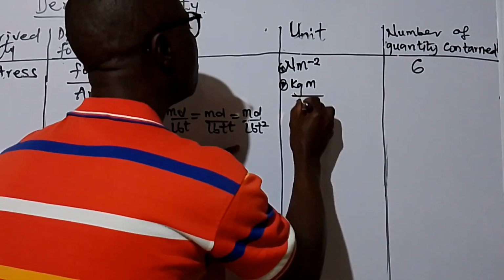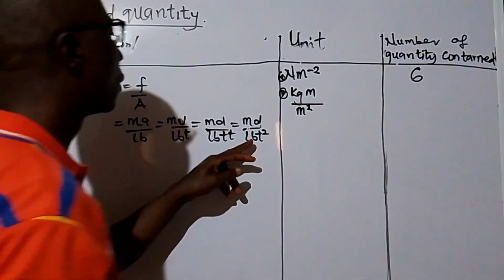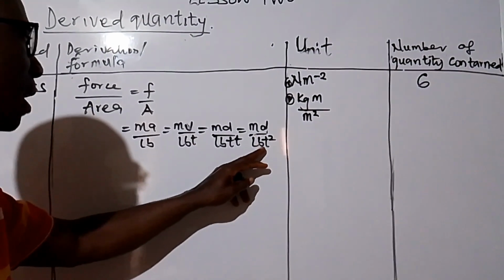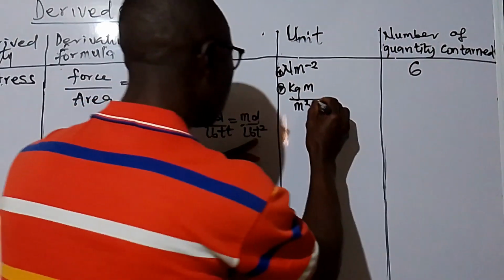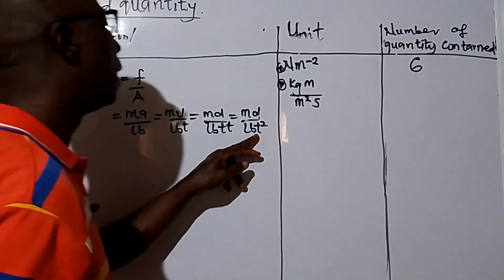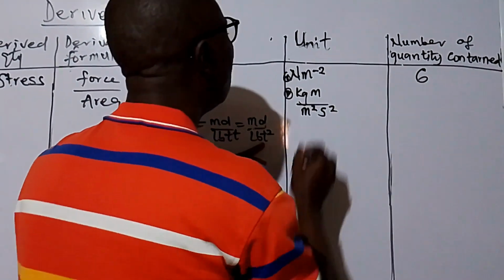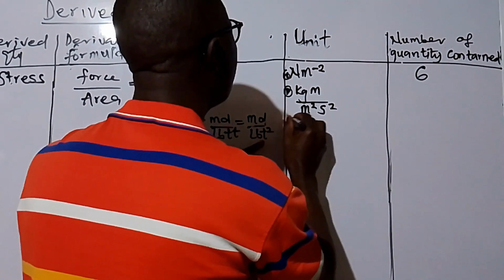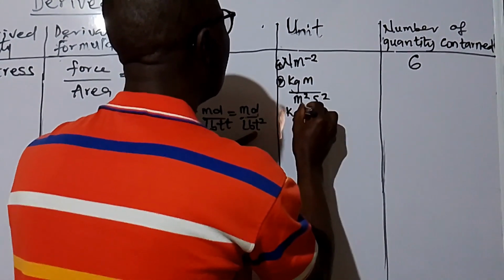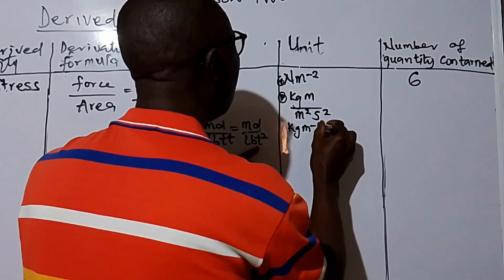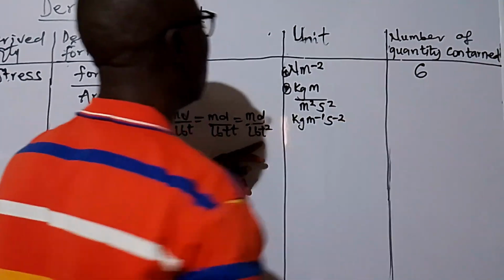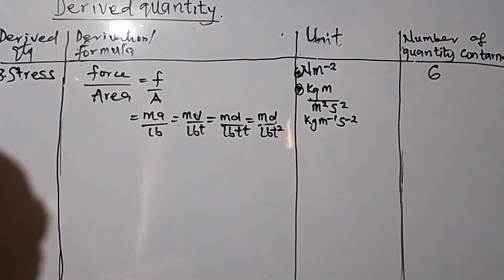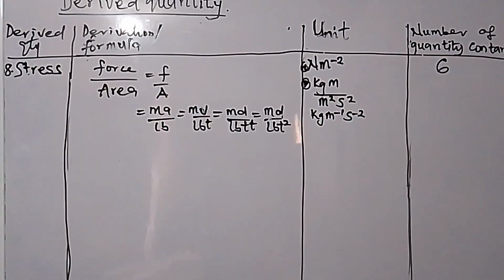That is meter squared, because L is meter, B is meter. Then second squared. So the next unit will be kilogram per meter per second squared.